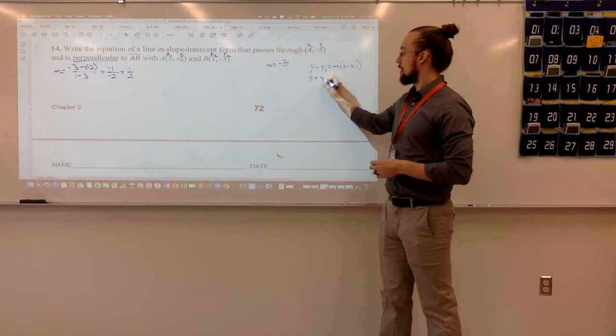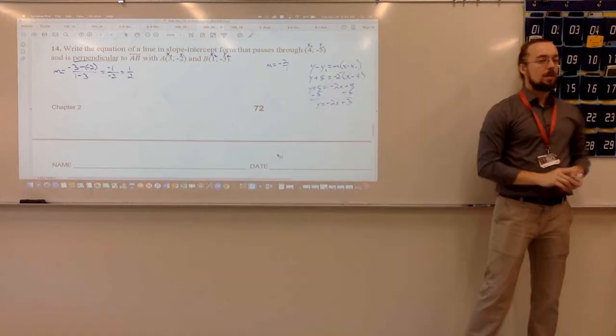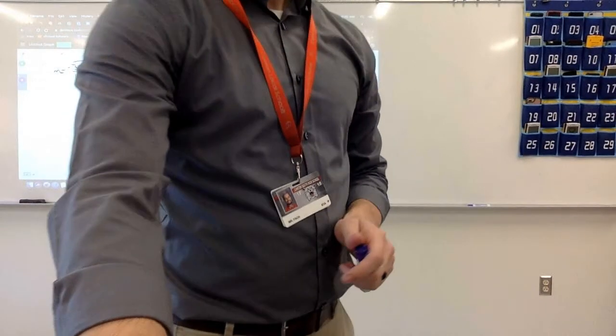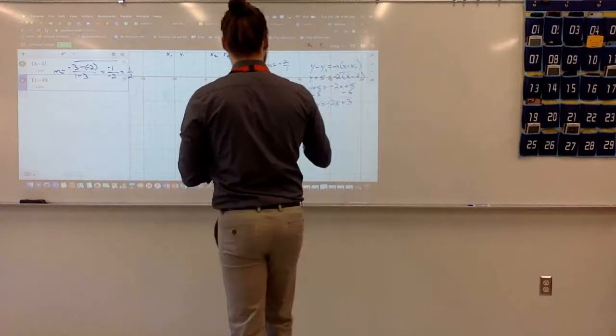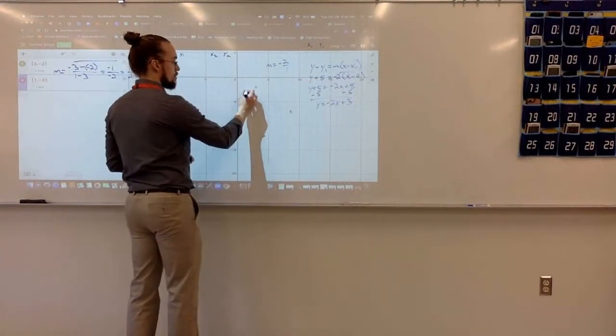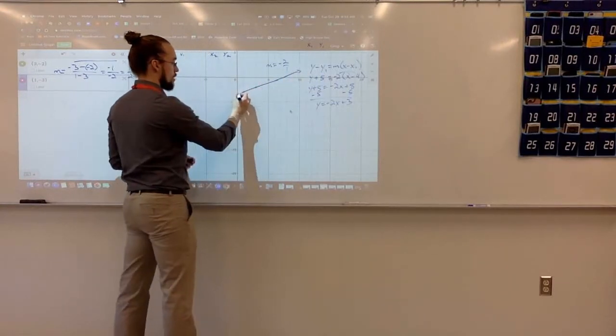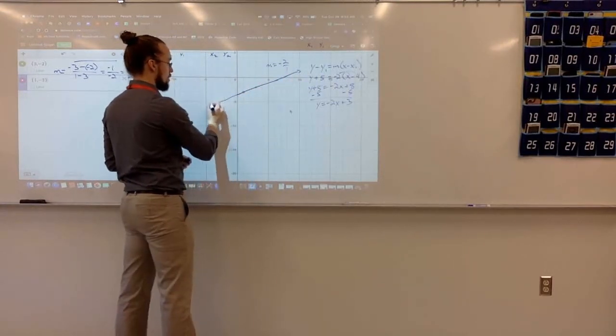And we can double check that. I can plug in and make sure they're perpendicular. So let's do that. So what were those 2 points? 3, negative 2, and 1, negative 3. So if I put those in and draw a line between these 2 points here, this line is going to do something like this.